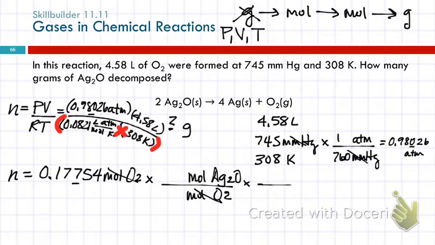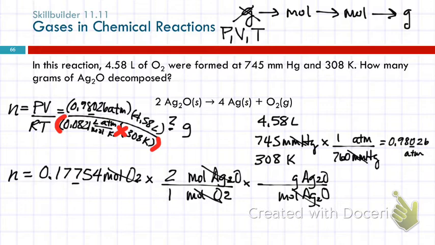And then I need to get to grams of Ag2O, and I'm dividing by moles. Mole to mole, this is a mole ratio from the balanced chemical equation. This is saying that 2 moles of Ag2O produce 1 mole of oxygen. So 2 moles of Ag2O for every 1 mole of oxygen.